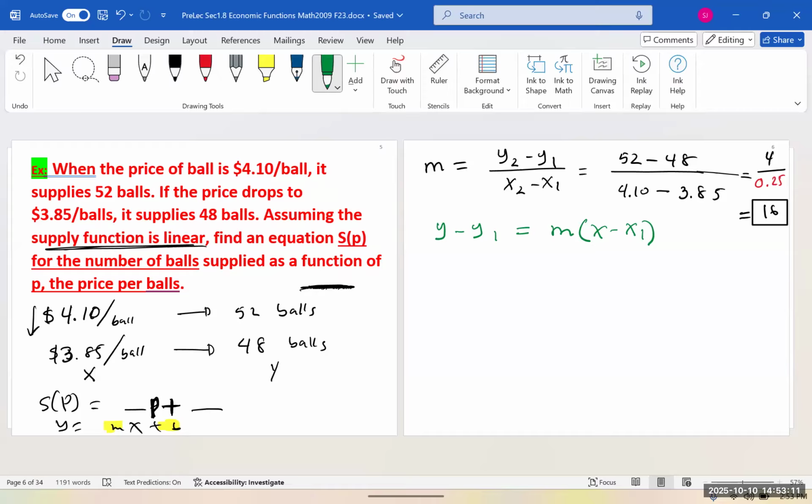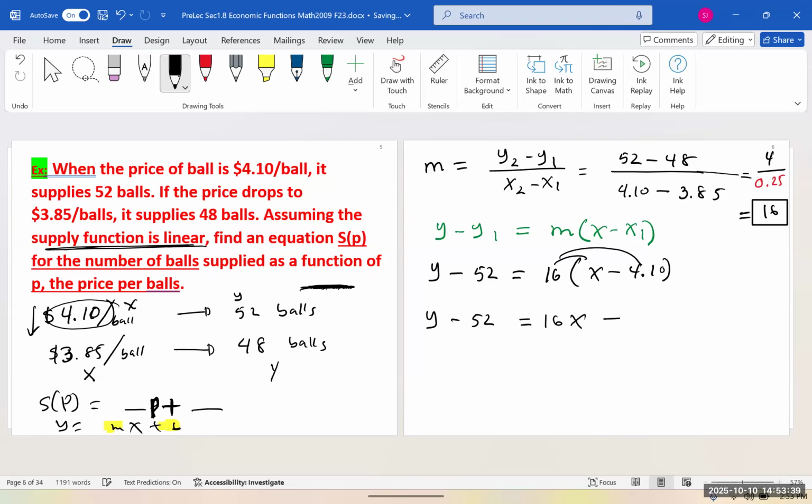So we have y minus, which one looks better? This one. So y minus y1 is 52. Our slope is 16, times x minus 4.10. So when this is x, this is our y. So we get y minus 52 equals 16 times x minus 4.10. You distribute. You get 16x.